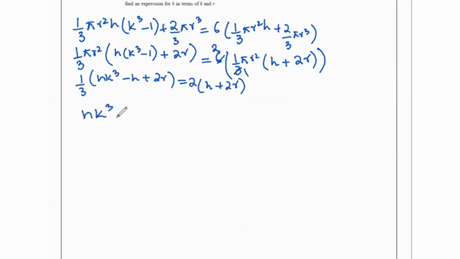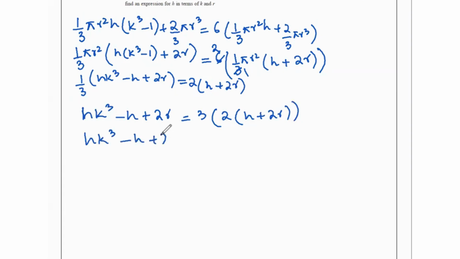h k cubed minus h plus 2r equals 3 times 2 times h plus 2r. Expand the bracket over here. So that's 6h plus 3 times 2, 6, 6 times 2, 12r. Since we're trying to make h the subject, let's collect the terms with h on one side.